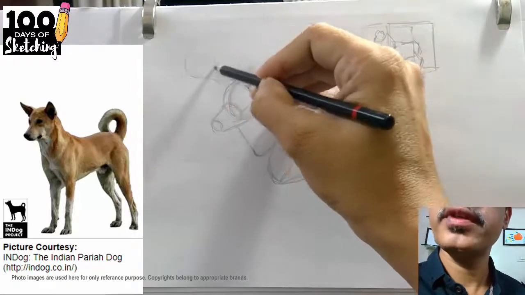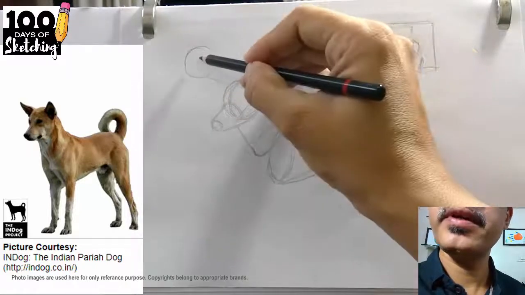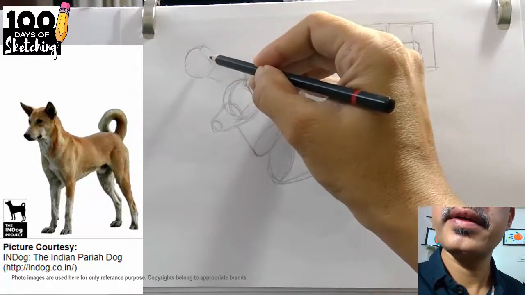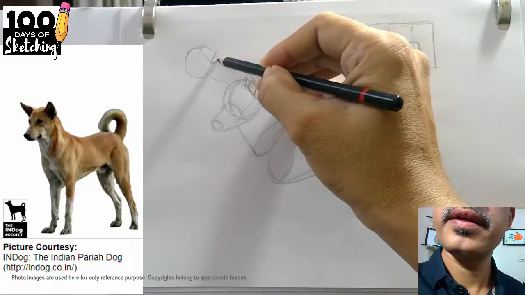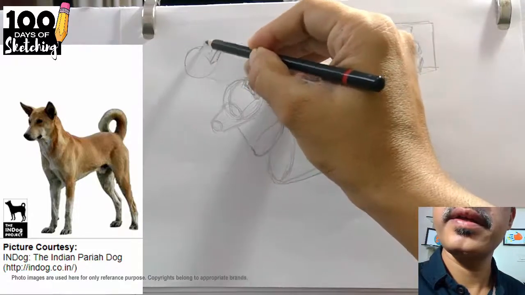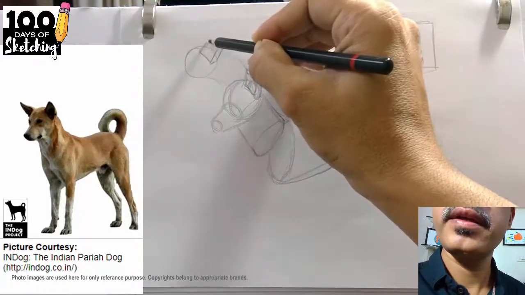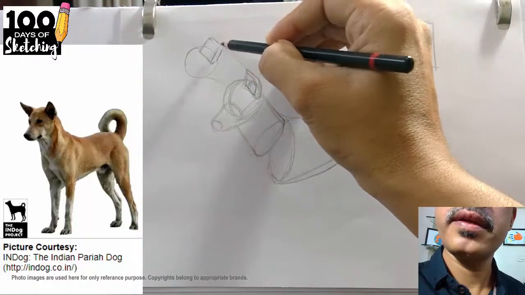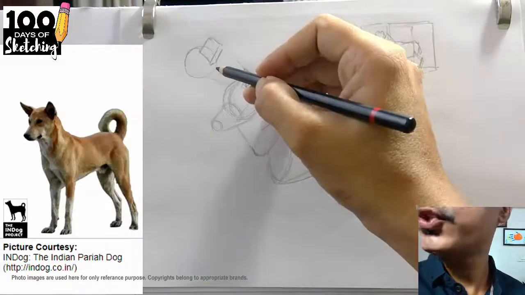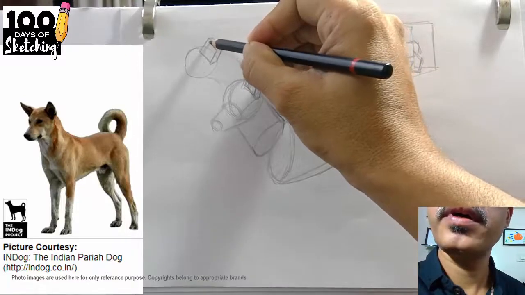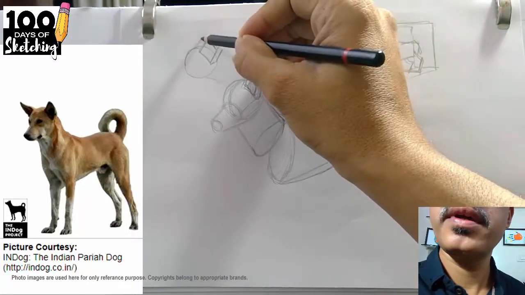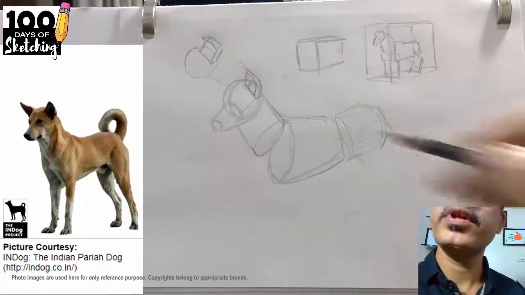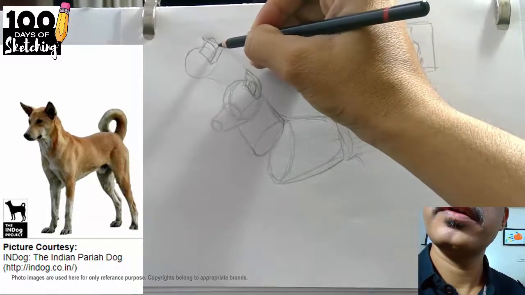So if this is the sphere, and on that I join this cube, how will it look?